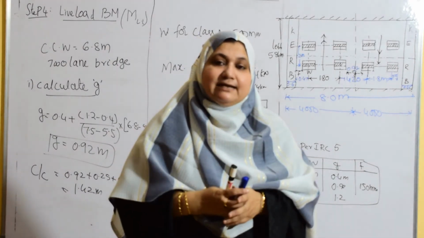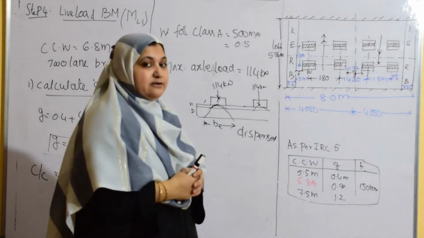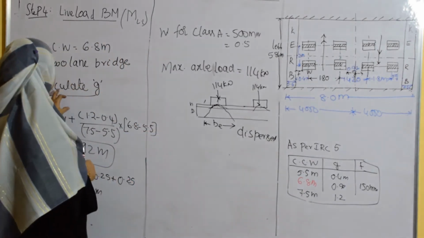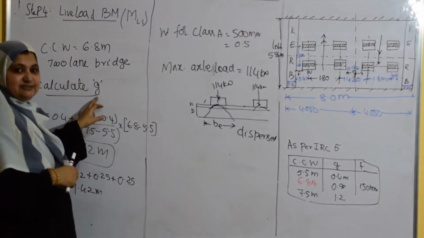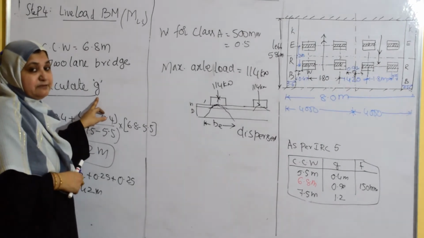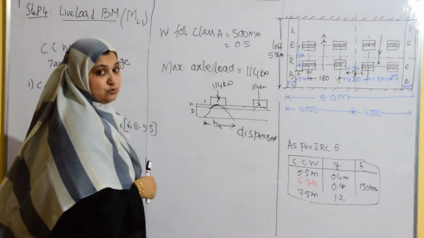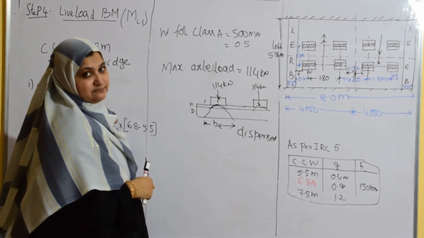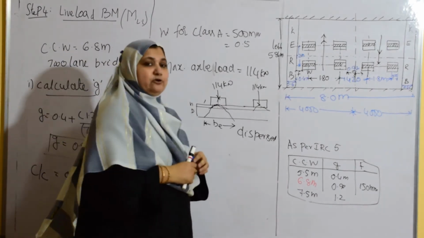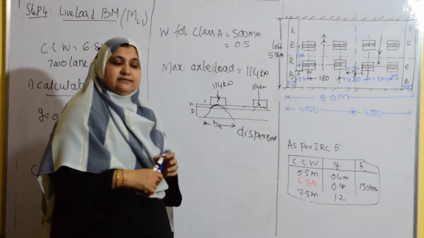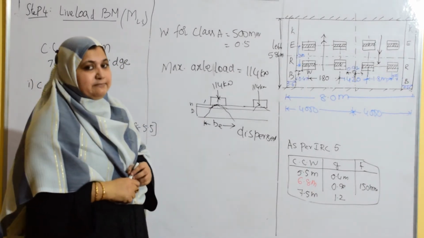So when we are calculating the live load bending moment, the first thing we did is find the value of G, that is the minimum clearance between the two crossing vehicles, because it's a 2 lane, there are 2 crossing vehicles. Mostly class A loading will be designed for 2 lane traffic only.